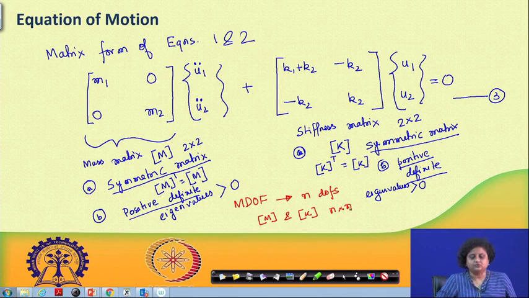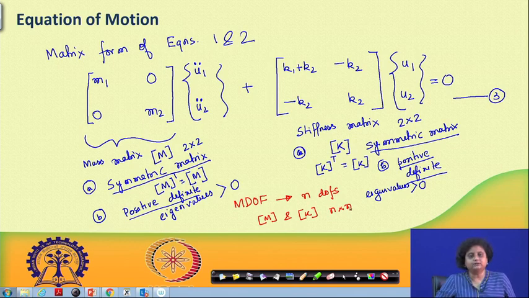For a 2 degree of freedom system, I get a mass and stiffness matrix which is 2 cross 2, and if I deal with an n degree of freedom system, the mass and stiffness matrix are going to be n cross n. So, the size of the matrix is always equal to the number of degrees of freedom.